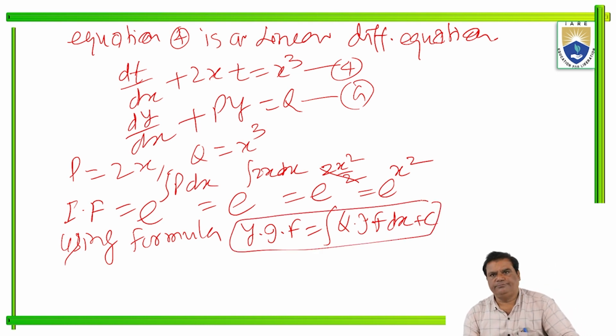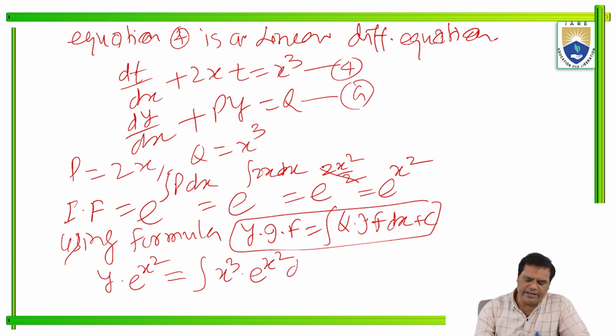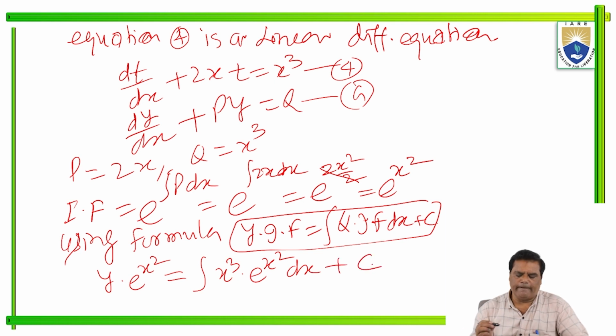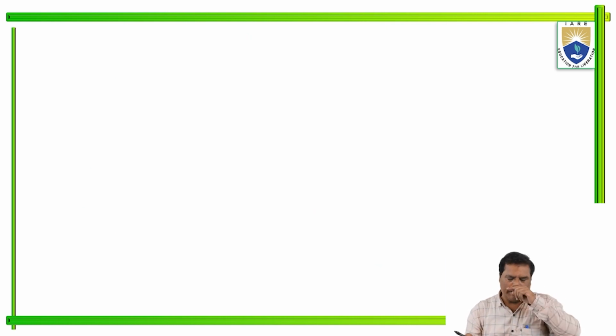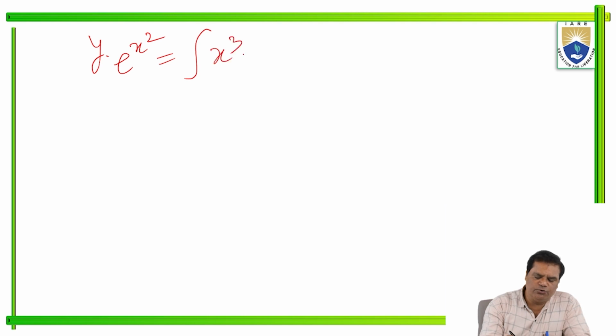So y into e to the power x square equals integral of x cube into e to the power x square dx plus c.